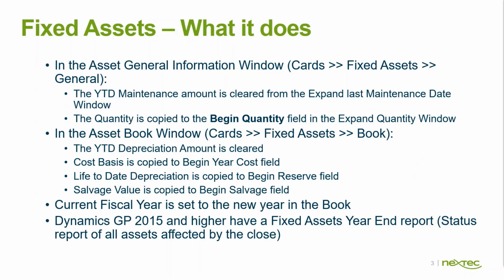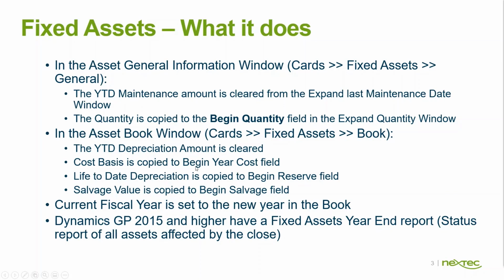What this is going to do is, in your asset general information window, the year-to-date maintenance amount is cleared from the expanded maintenance data window, and the quantity is copied from the begin quantity to the expanded quantity window. In the book window, it's going to clear the year-to-date depreciation amount.